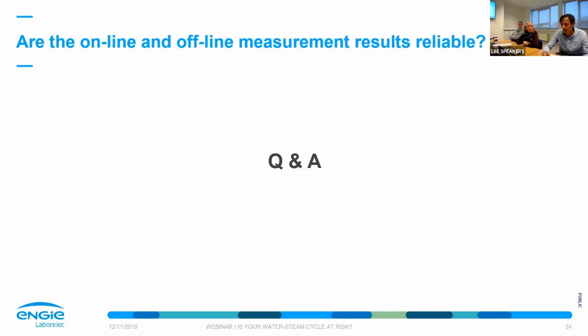It can happen that you have traces of organic products that are polluting your pH electrodes, and depending on that, it can be interesting to calibrate weekly or monthly. It depends on the situation.